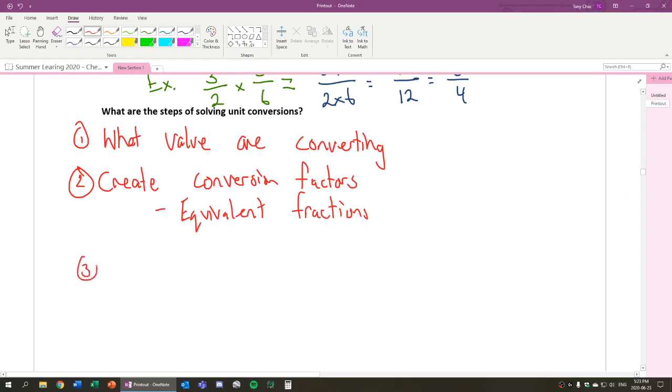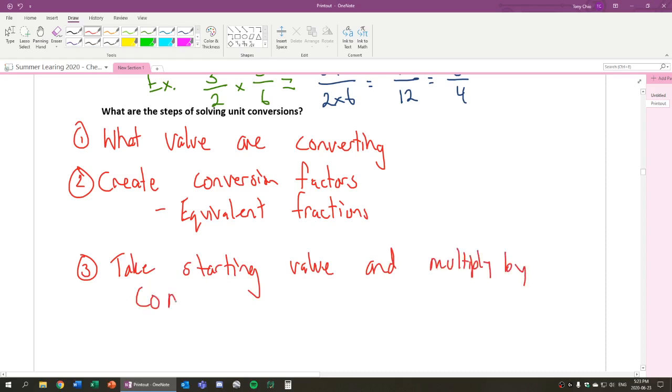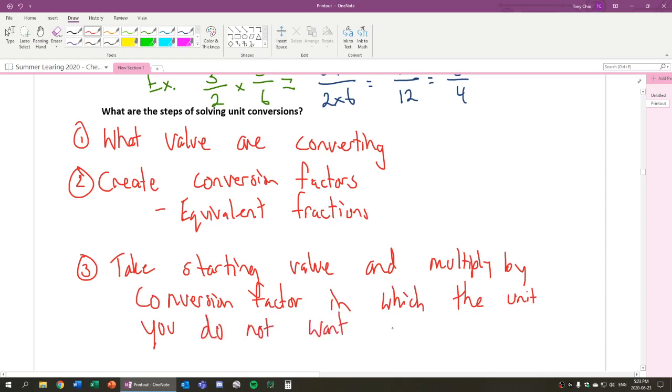Okay, number three, take the starting value and multiply by the conversion factor in which the unit you do not want cancels out.